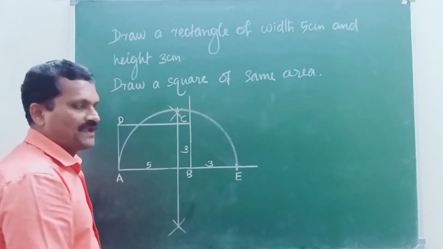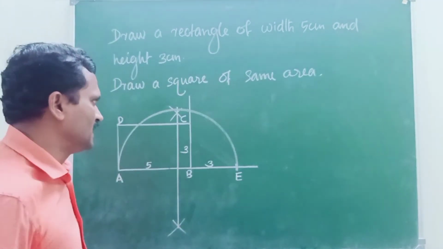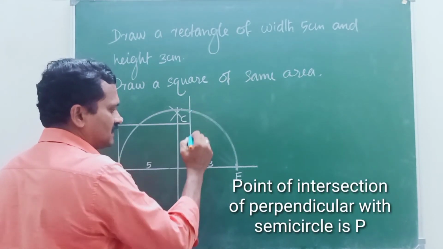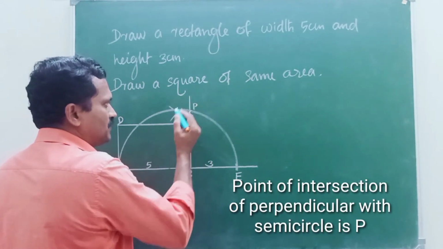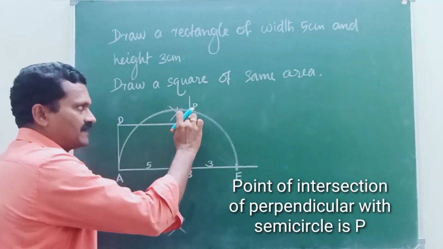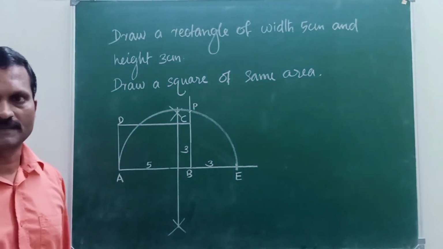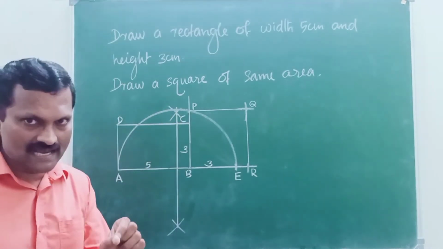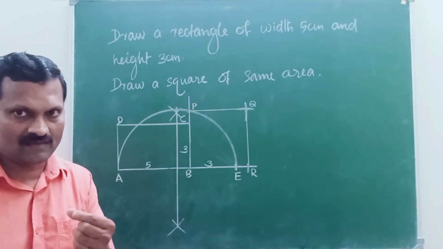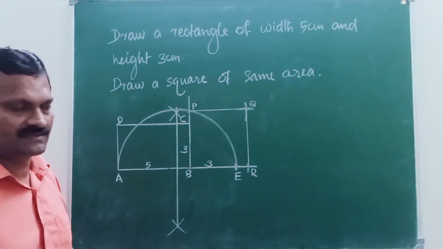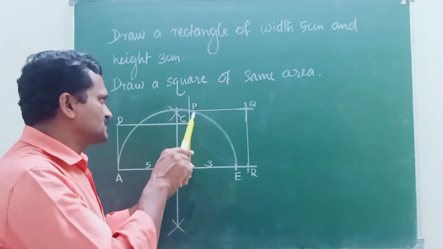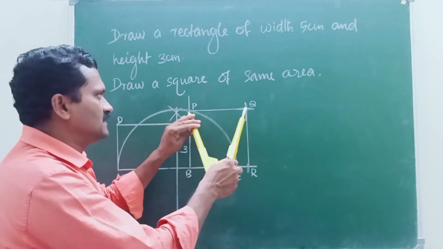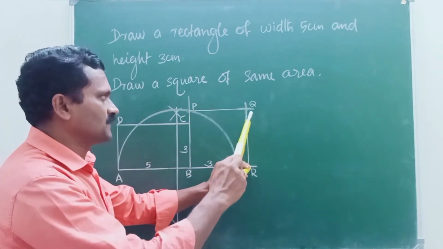Then, the point where the extended line meets the semicircle is marked as P, which is the required side of the square. That is, BP is the side of the square we have to construct. So, take the length BP on compass and complete the square.